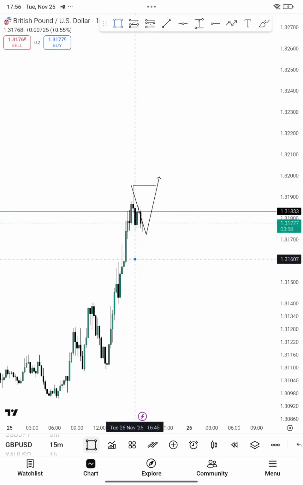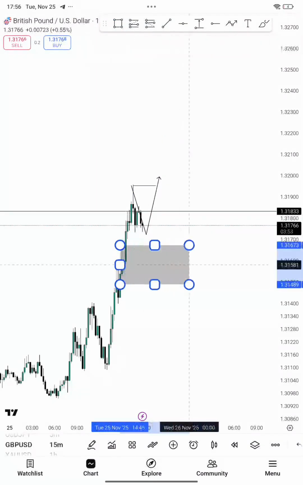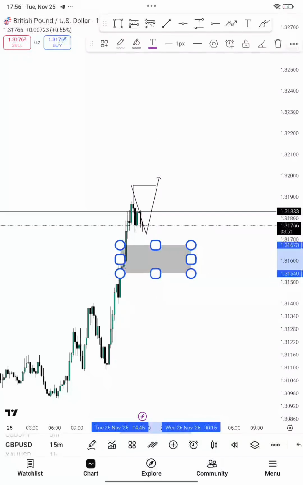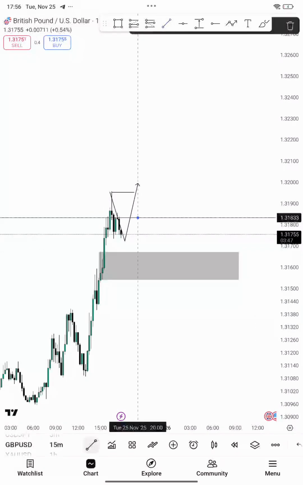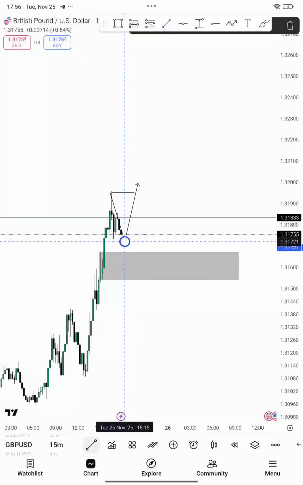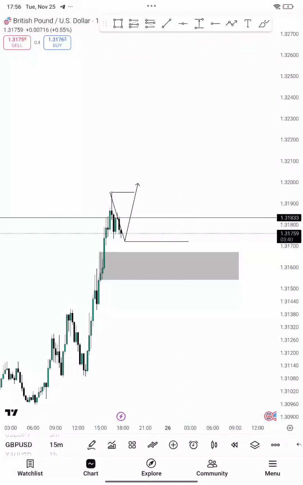So I wait for something like this, and this will be my entry. My entry will be from here, and here will be my liquidity, and voila, that's what I'm expecting.